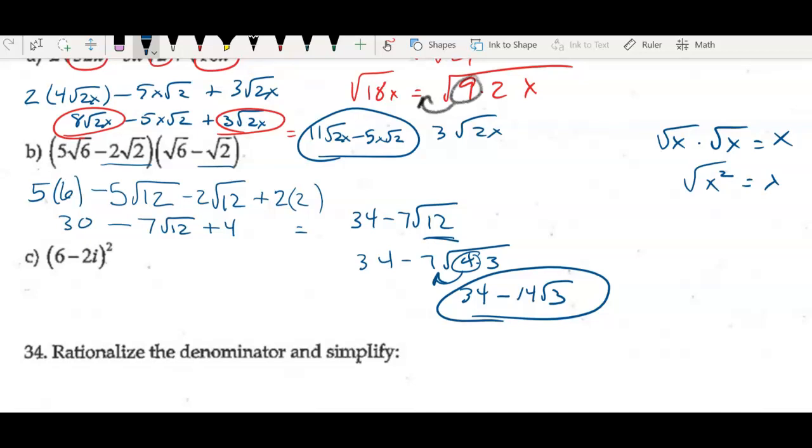Part C. You can FOIL it out if you choose, if you don't want to use that shortcut method that we talked about earlier, by just writing it out twice. That's fine. I like to get in the habit of squaring a binomial. You square the first term. You multiply 6 times negative 2i, that's negative 12i, but you double it.